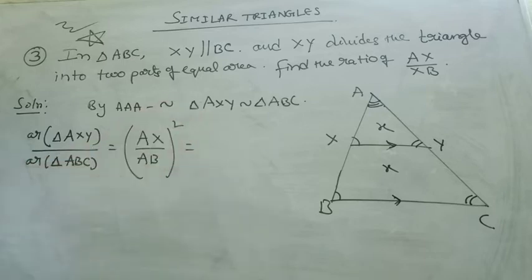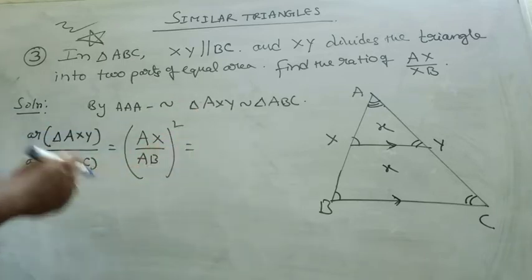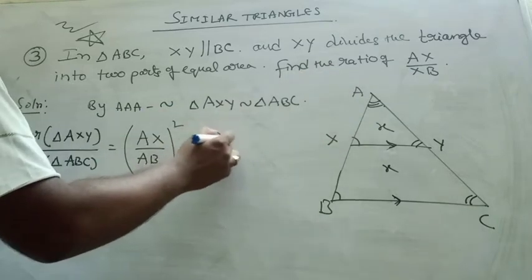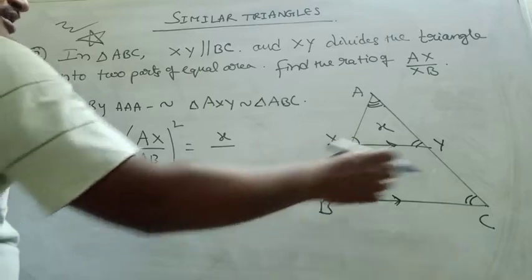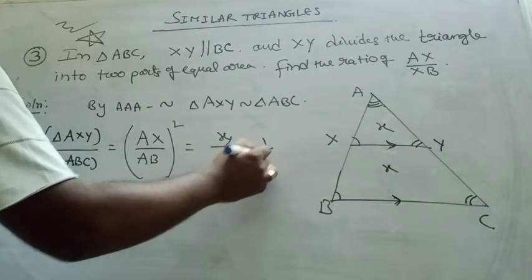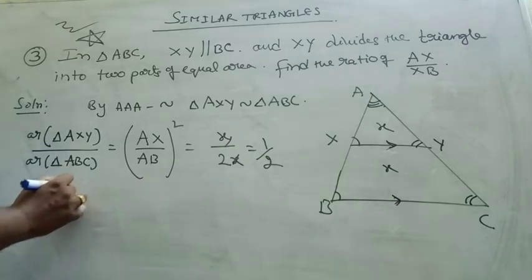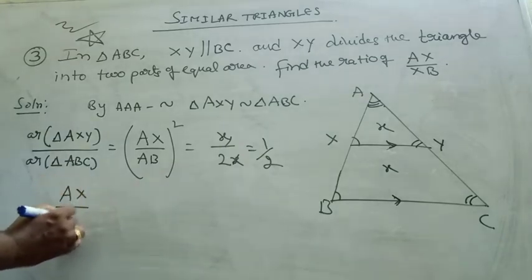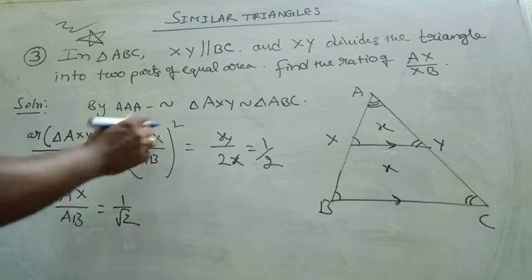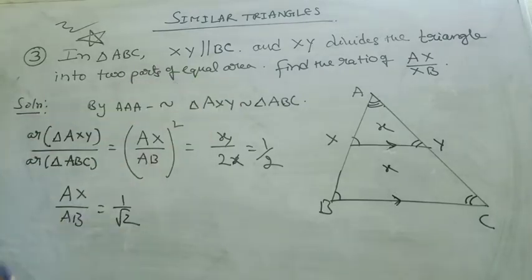Wonderful. Now they have given that the area of triangle AXY is x, and the total area is x plus x, that is 2x. Now x and x will cancel, so that is 1 by 2. Now you have got AX by AB equal to 1 by root 2, because (AX by AB) whole square equals 1 by 2, which means AX by AB equals 1 by root 2.